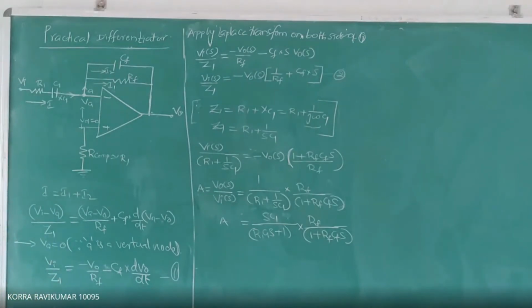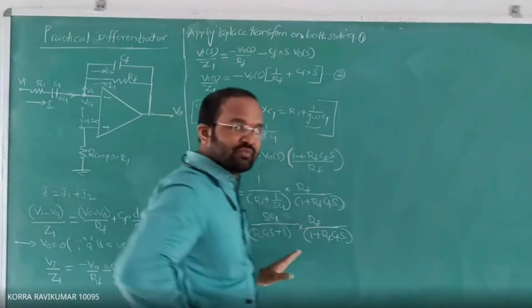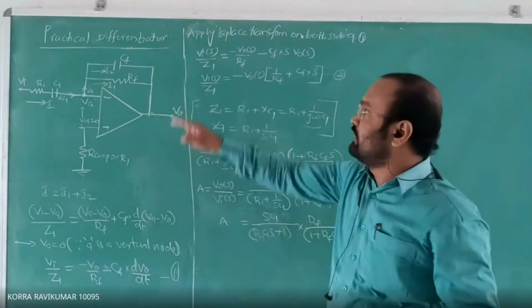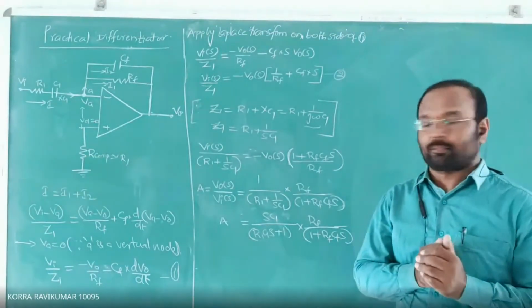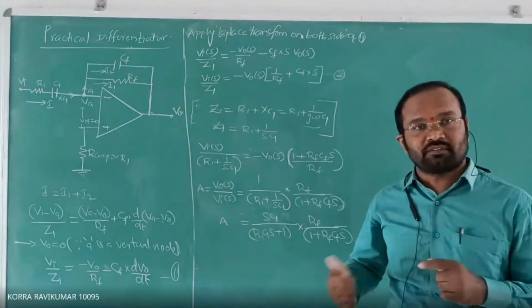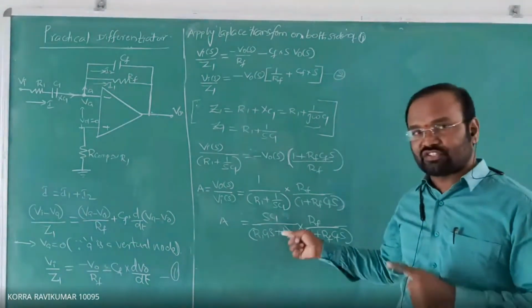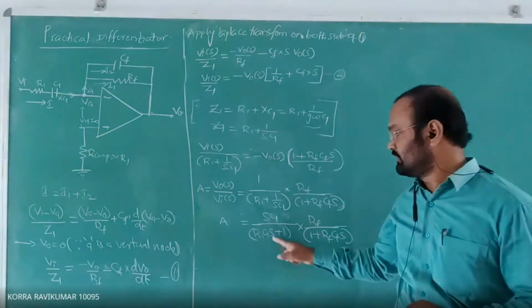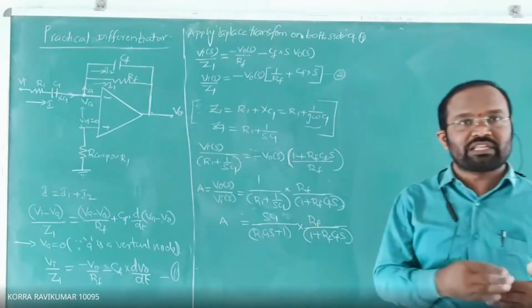From this expression, this is the expression for the gain of a practical differentiator circuit. But this gain is in terms of the Laplace domain, because S is a letter which represents the Laplace domain. Convert the Laplace domain expression into the frequency domain.